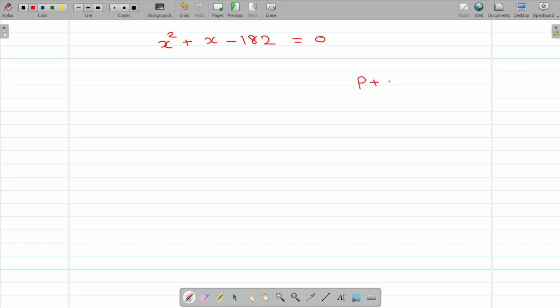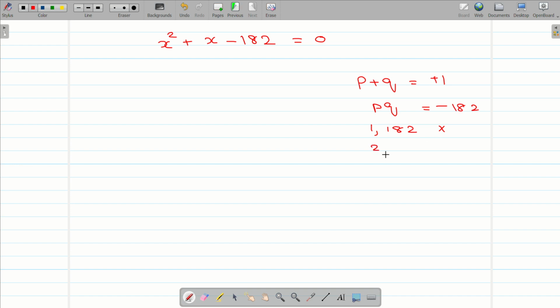The sum of the numbers is plus 1, the middle term, and the product is equal to minus 182. Since the product is negative, the factors are going to be of different signs, and here the sum is given plus, therefore the bigger number will be positive. Since the product is negative, we are going to find the difference of the factors. 1 and 182, the difference is not 1.